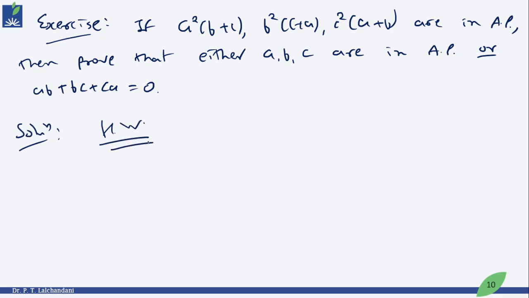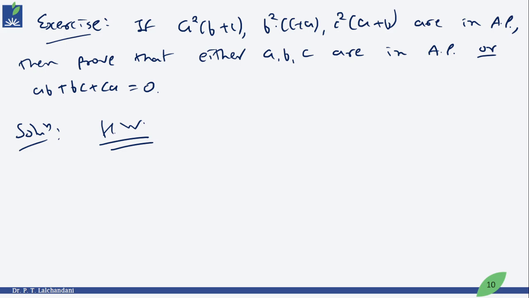See, we are given that a square into b plus c, b square into c plus a, c square into a plus b are in arithmetic progression. This we are given in the question. Then we have to prove that either a, b, c are in arithmetic progression, that means either b minus a equal to c minus b, or ab plus bc plus ca is equal to 0. So these three terms are in arithmetic progression.